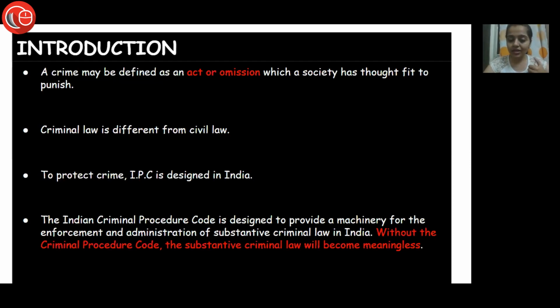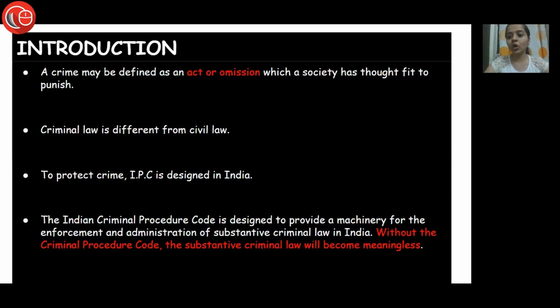And here's why a crime is differentiated from civil law. Criminal law is different from civil law, as I've already stated, because the end result of a criminal law is to punish an offender, while the end result of a civil law is to provide compensation to the aggrieved party.